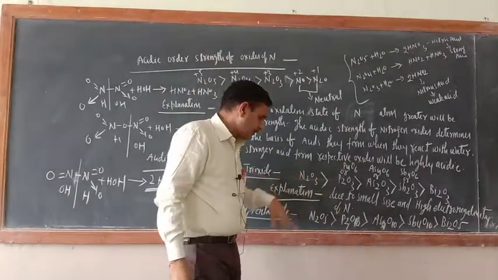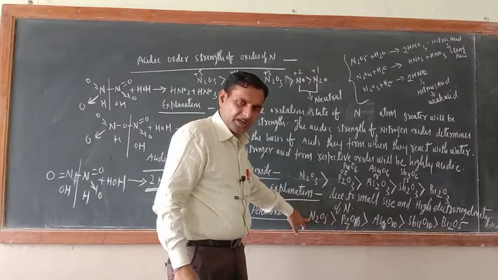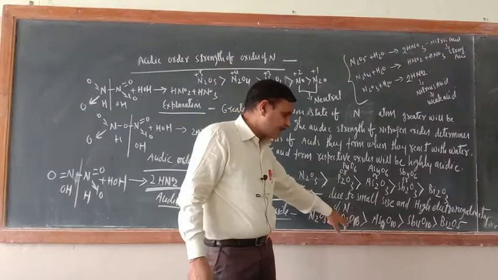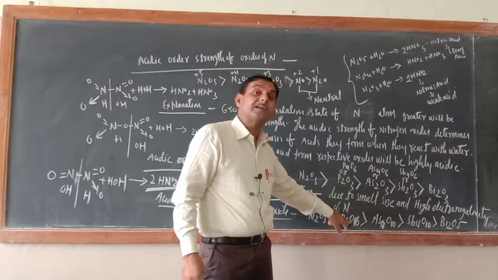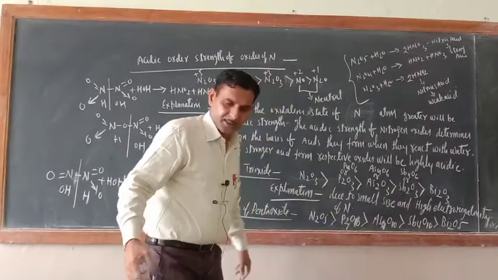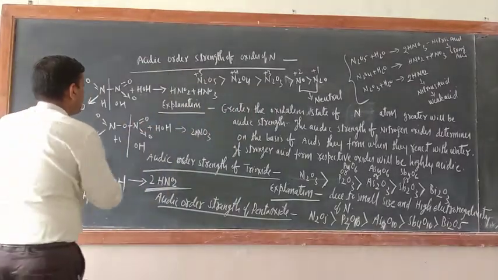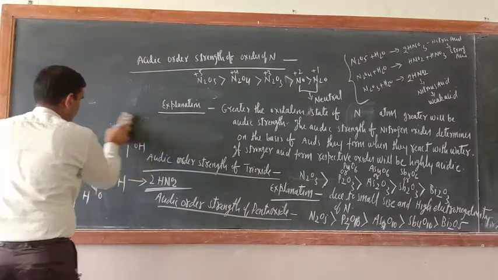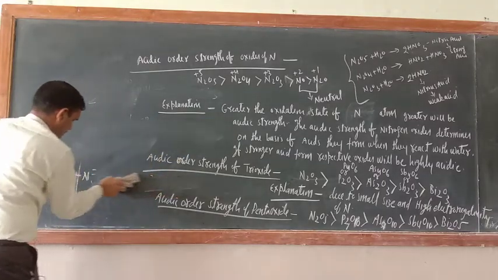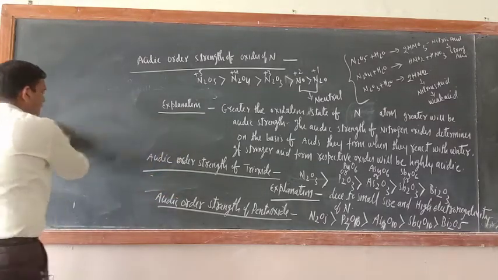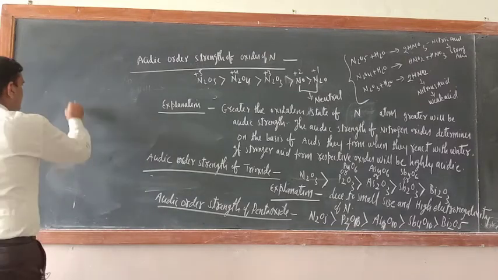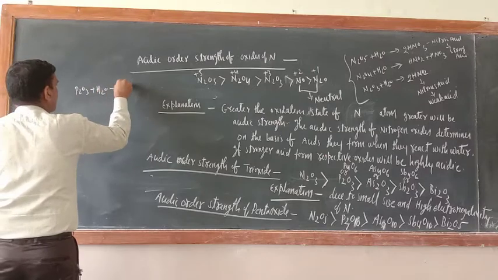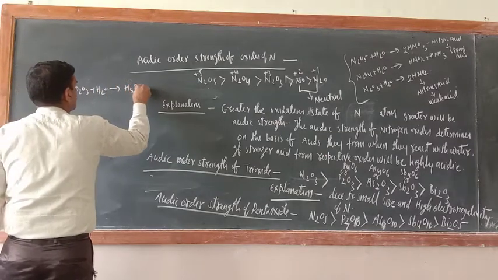So just see, N2O5 will react with water and form HNO3. Similarly, P2O3 will react with water and form H3PO3.